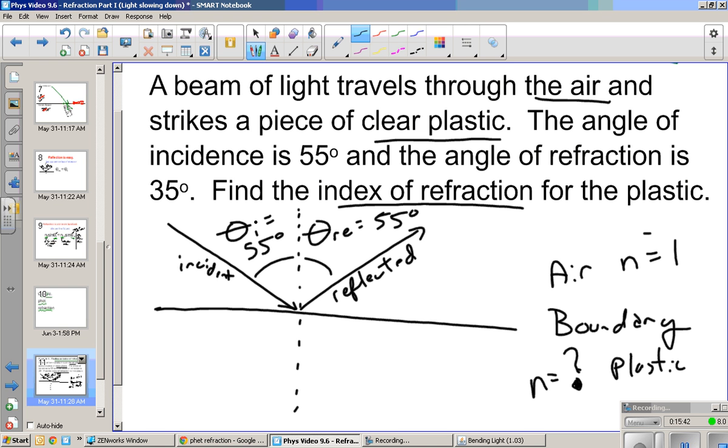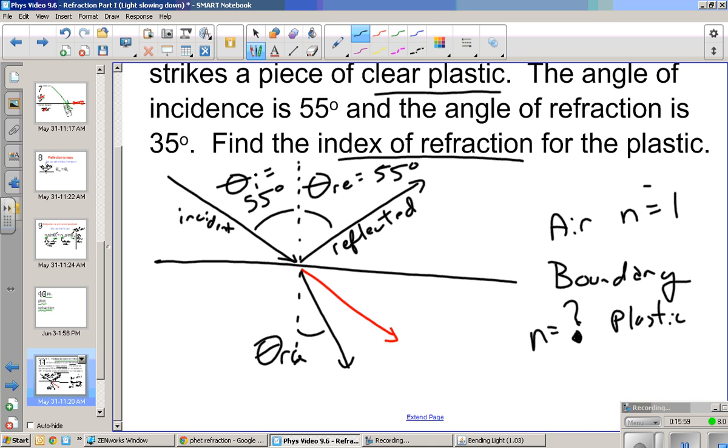The beam of light, when it goes into the plastic, does not go straight. Don't draw this, but I'm about to draw in red. It doesn't do this. It bends and goes this way, so that my angle of refraction is 35 degrees. This red line was just meant to indicate what would have happened if the light had not bent.